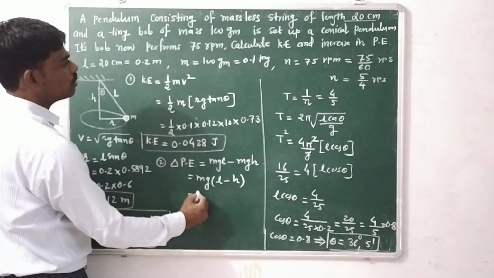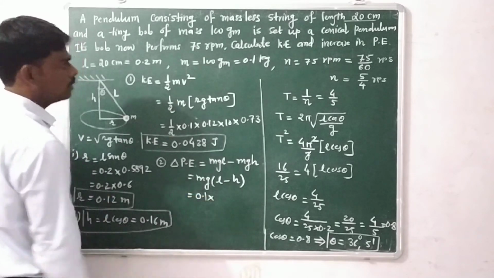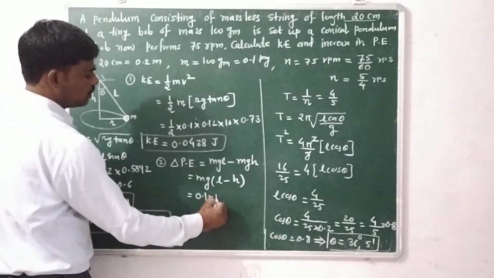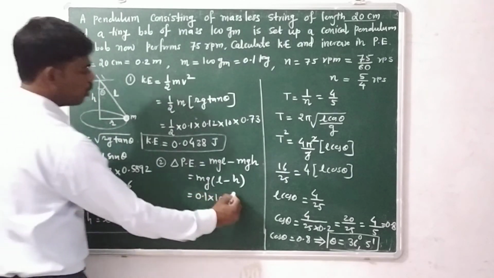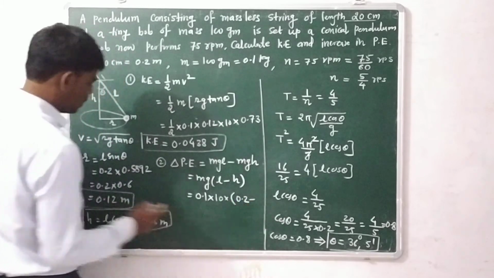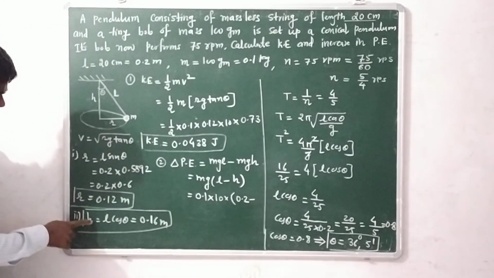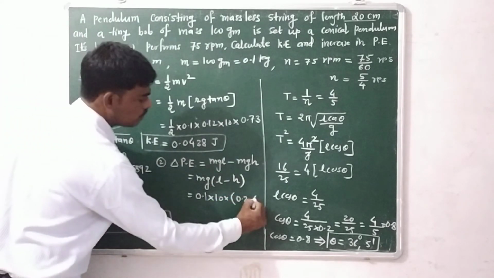M is given to you as 0.1, g is 10, L is 0.2, and H, which we recently obtained, is 0.16.